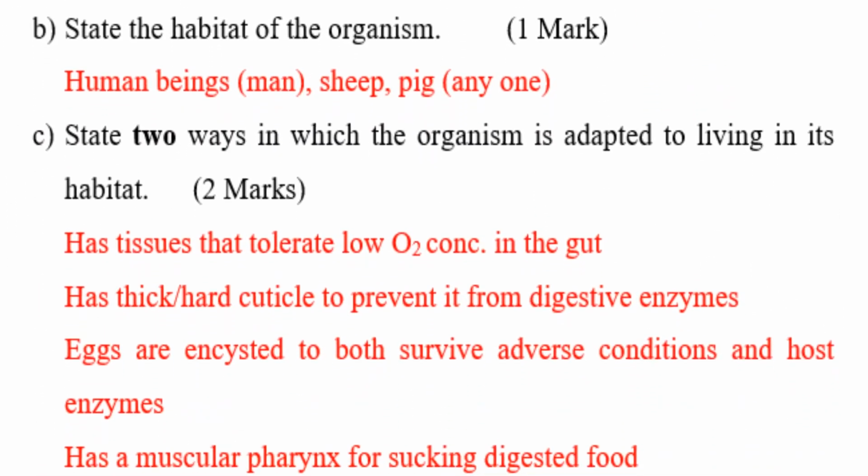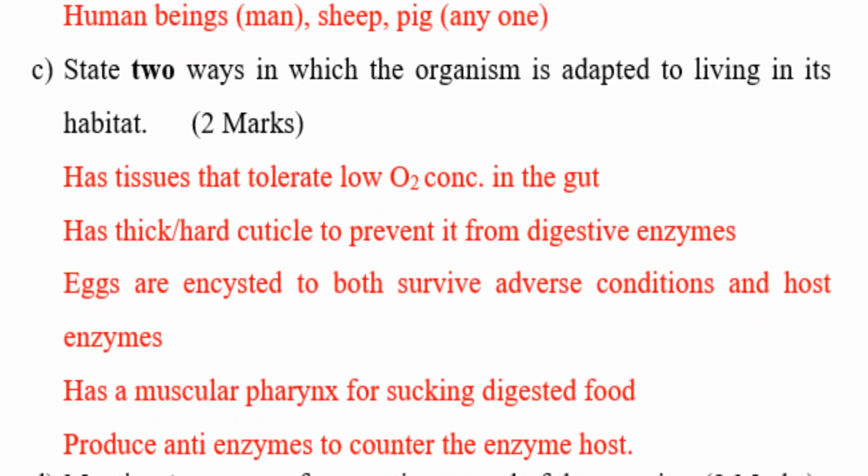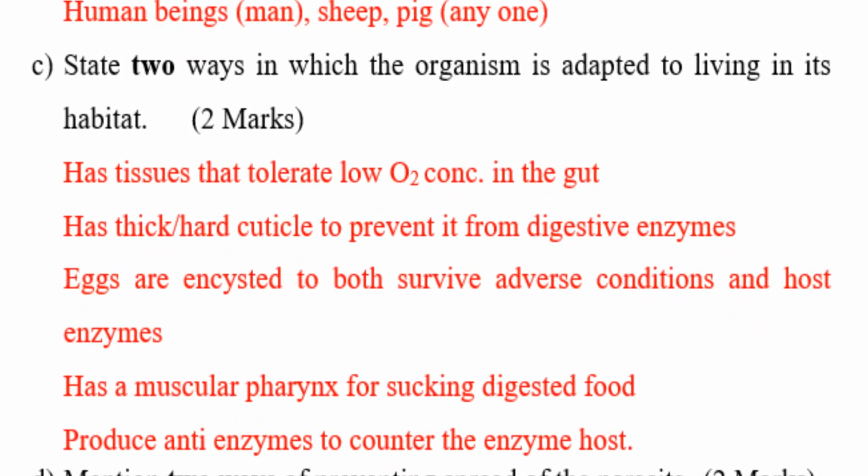Number C, state 2 ways in which the organism is adapted to living in its habitat. Number 1, has tissue that tolerates low oxygen concentration in the gut. Number 2, has a thick cuticle to protect it from digestive enzymes. Next, eggs are encysted to survive adverse conditions and host enzymes.